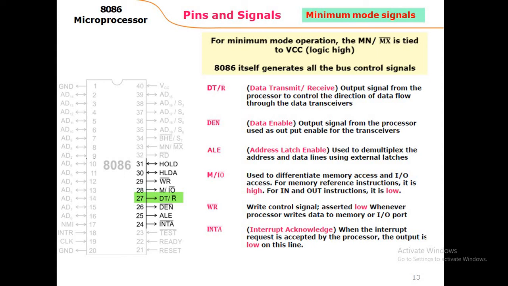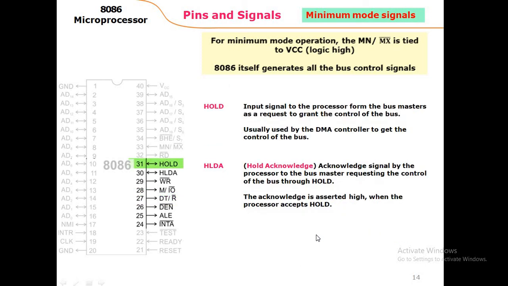It is activated whenever the processor wants to write data into the memory or IO port. Next, the last is interrupt acknowledge, INTA bar. Again, it is an active low signal. When the interrupt request is accepted by the processor, the output is low on this line, indicating that the interrupt request has been accepted.